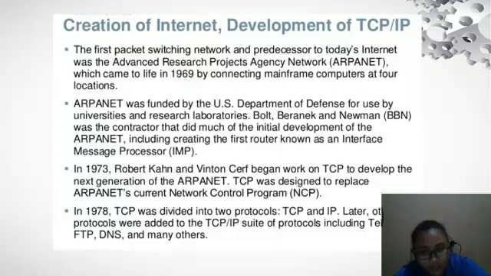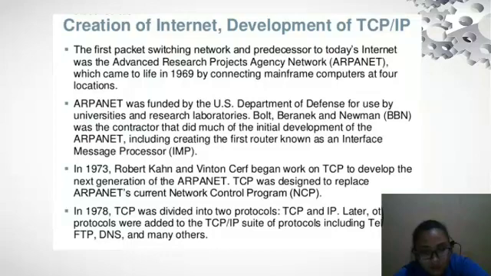Bolt, Beranek, and Newman, or BBN, was the contractor that did much of the initial development of the ARPANET, including creating the first router, known as an Interface Message Processor or IMP. In 1973, Robert Kahn and Vinton Cerf began work on TCP to develop the next generation of the ARPANET.